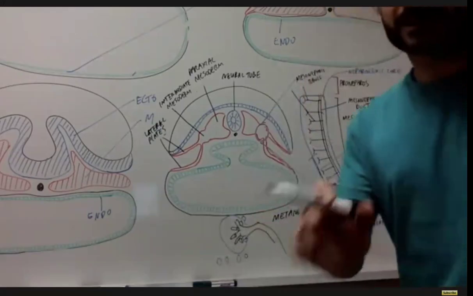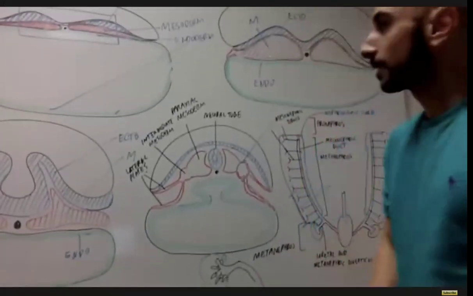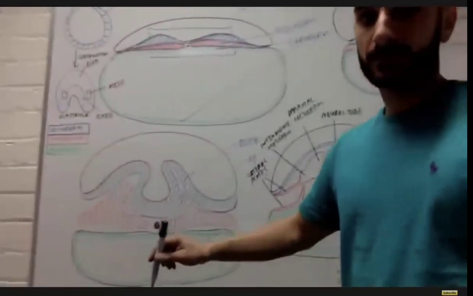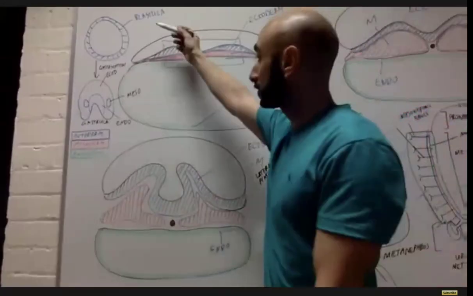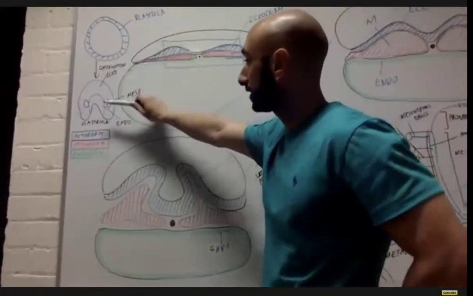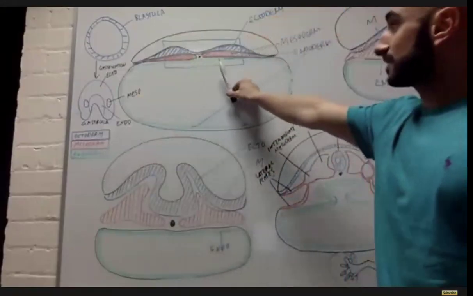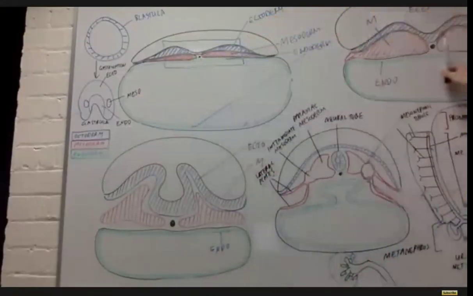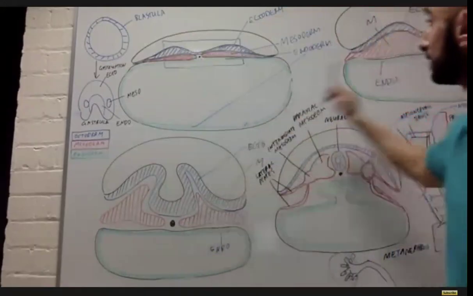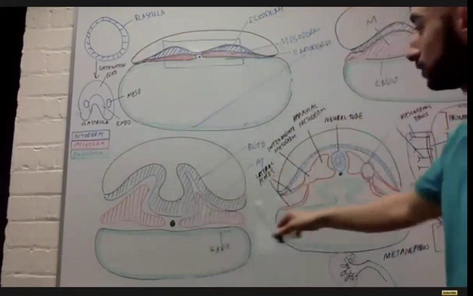So to summarize everything, we have a blastula. Gastrulation will lead it to the 3 layers of the ectoderm, mesoderm, and endoderm. And as it matures, it'll fold. The ectoderm will fold, and the rest will mature.